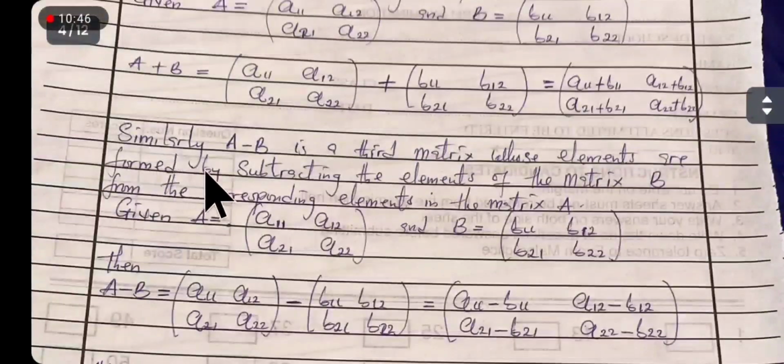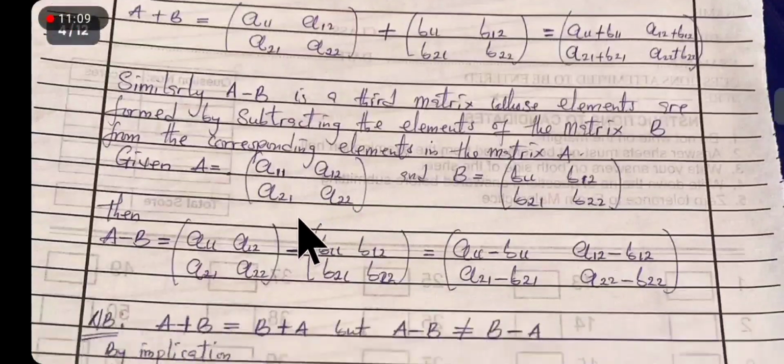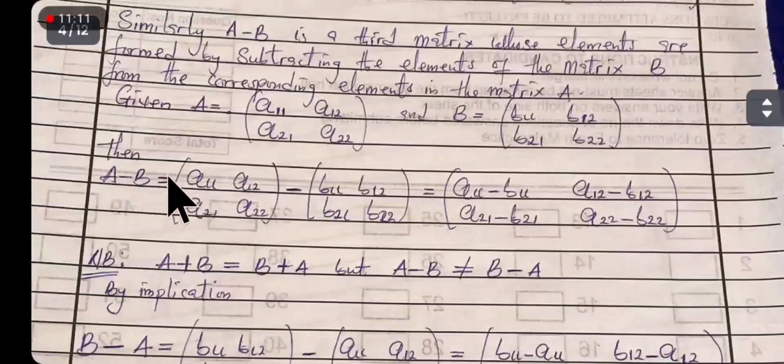Similarly, A minus B is a third matrix whose elements are formed by subtracting the elements of matrix B from the corresponding elements in matrix A. Given A equals this matrix and B equals this matrix, their subtraction is going to be the same thing as addition.